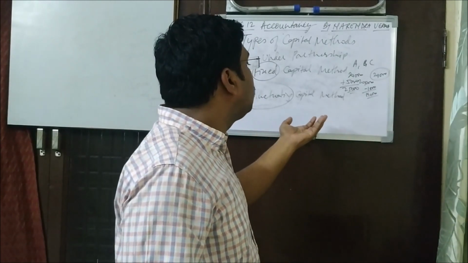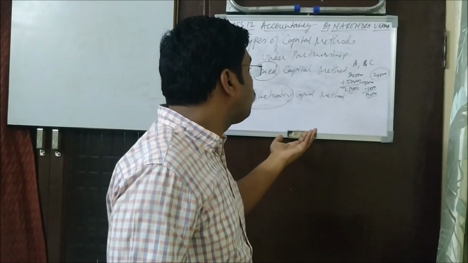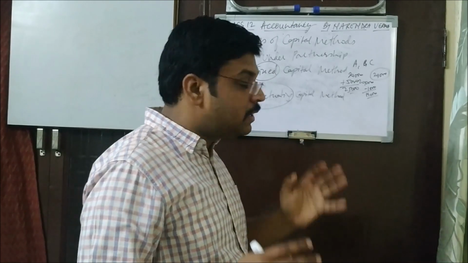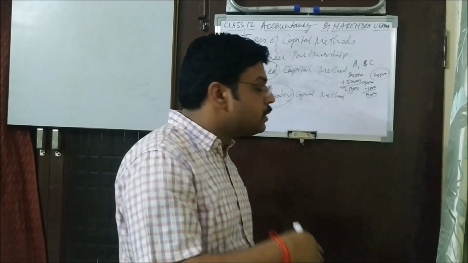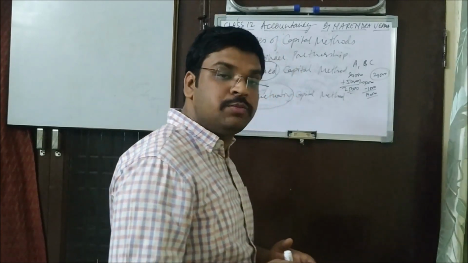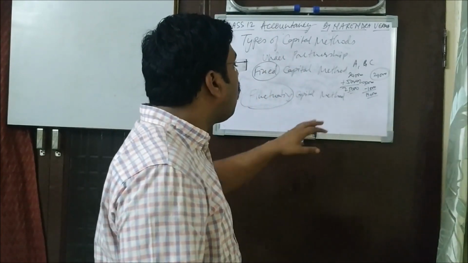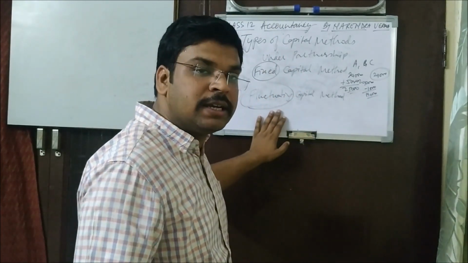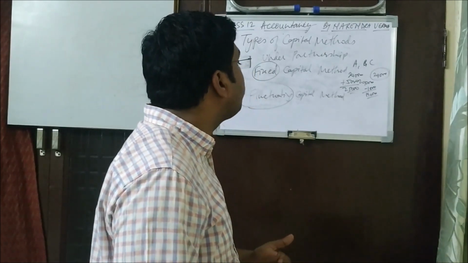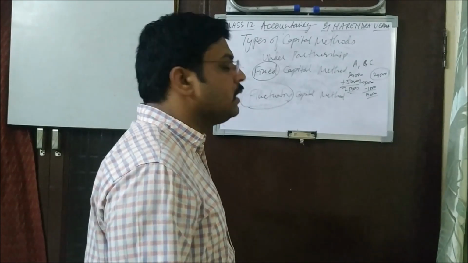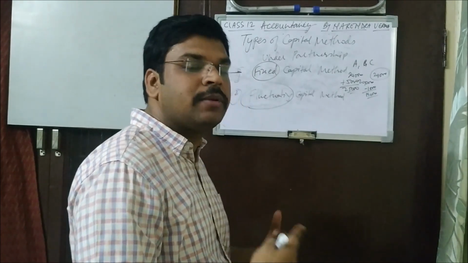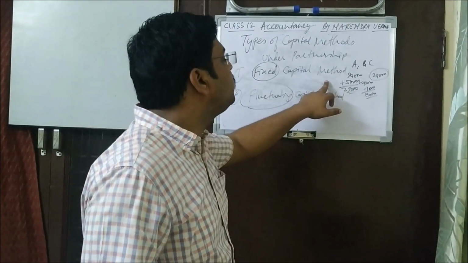If partners are getting share of profit, that will be added here. If they incur loss, it will be deducted, it will go down. Similarly, if interest on drawing is charged, it will go down. So all the adjustments will be done here in a single account. That is why the amount of capital keeps on changing. Every time you will find a different balance, because adjustments are happening there, but in the fixed method the adjustments are not happening.